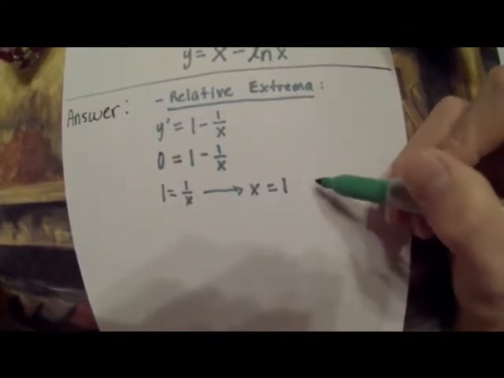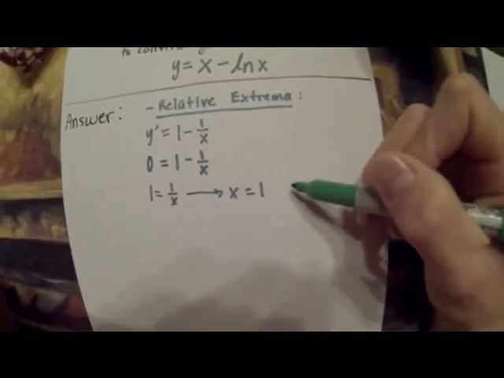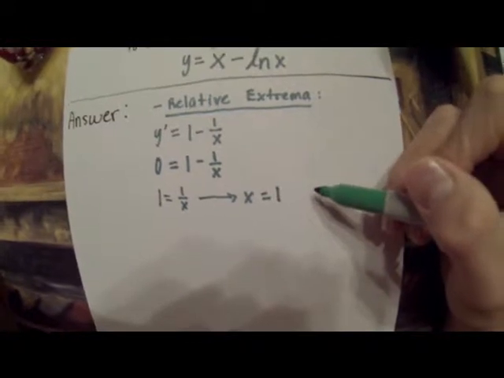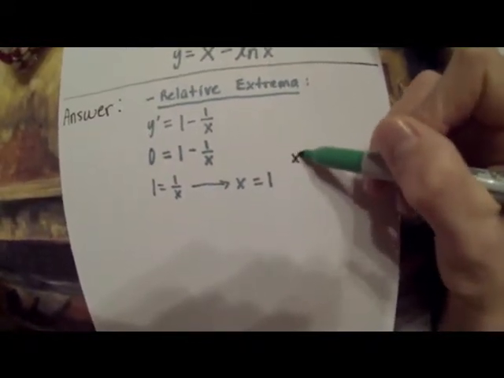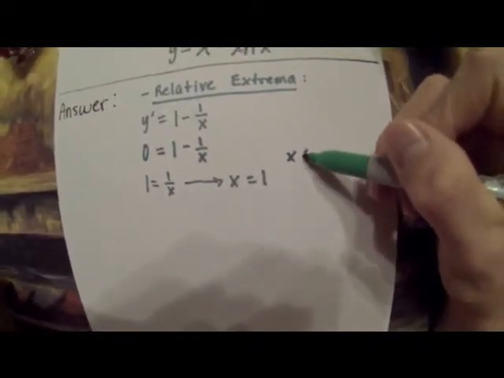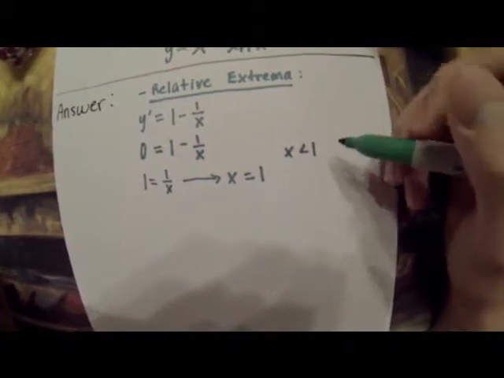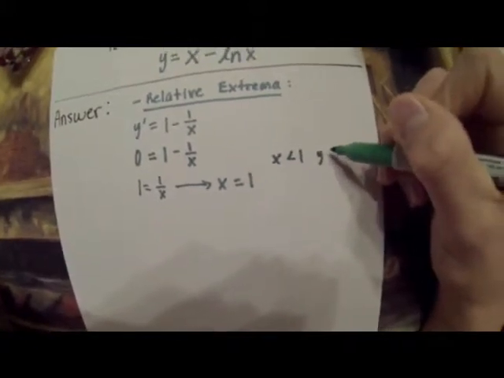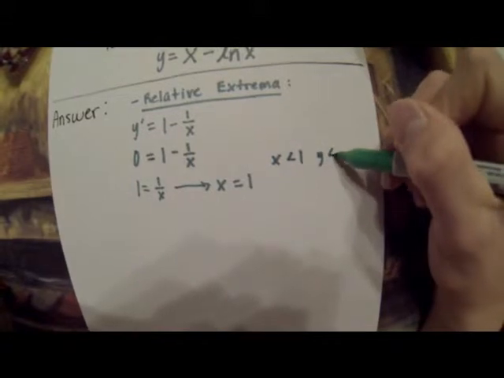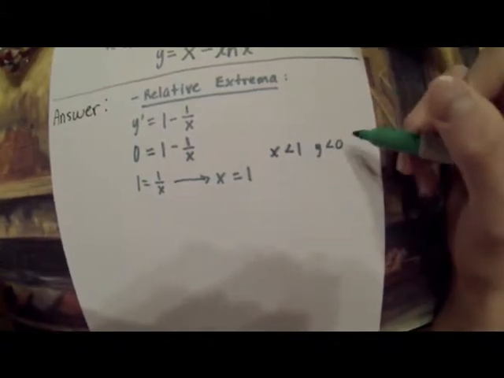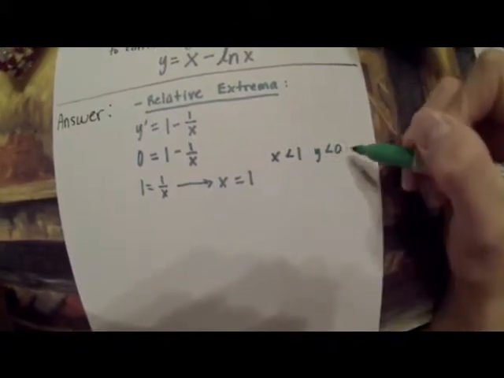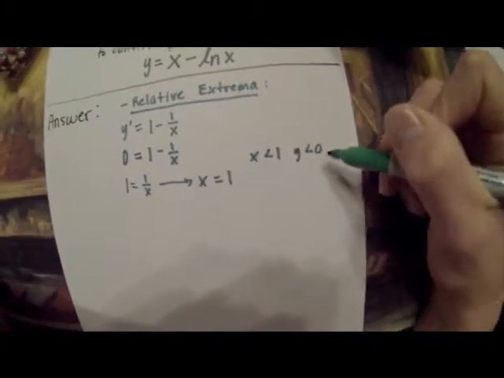And we do the first derivative test to find out if it's a maximum or minimum. So when x is less than 1, y prime is less than 0. So that is decreasing.